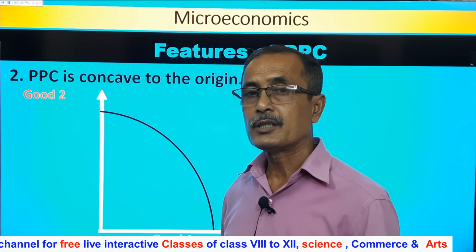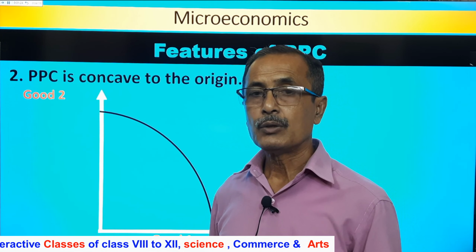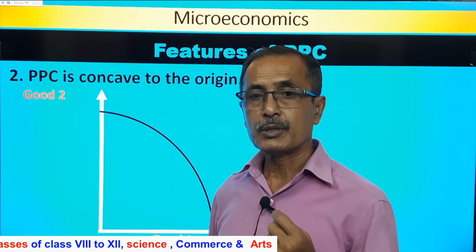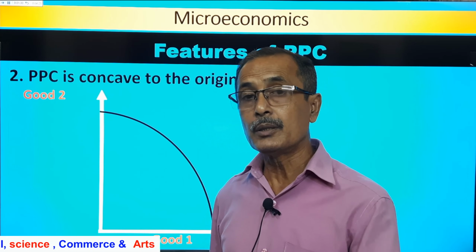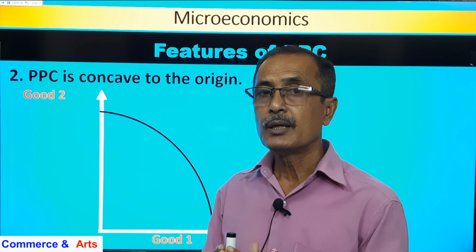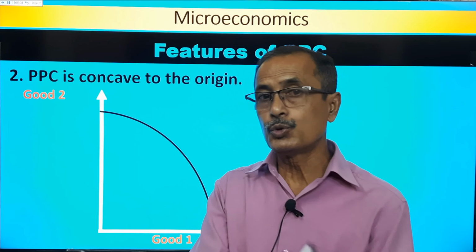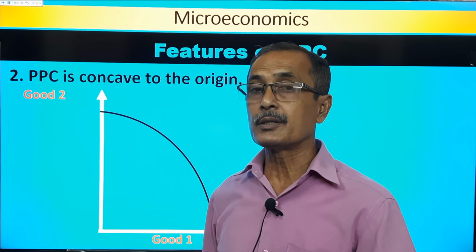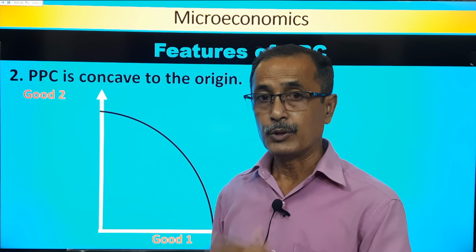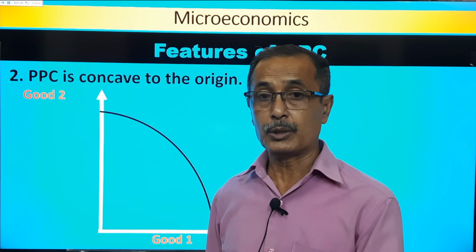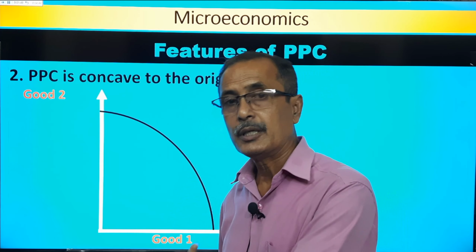Then you sacrifice 3 units of good 2, you get 1 unit of good 1. Then you sacrifice 4 units to get 1. Then you sacrifice 5 units to get 1. In this way, you see here, the rate of sacrifice or rate of transformation from 2 to 1 is in increasing order. मतलब पहले एक छोड़ा एक मिला, फिर 2 छोड़ा तो एक मिला, फिर 3 छोड़ा तो एक मिला, फिर 4 छोड़ा तो एक मिला, फिर 5 छोड़ा तो एक मिला.